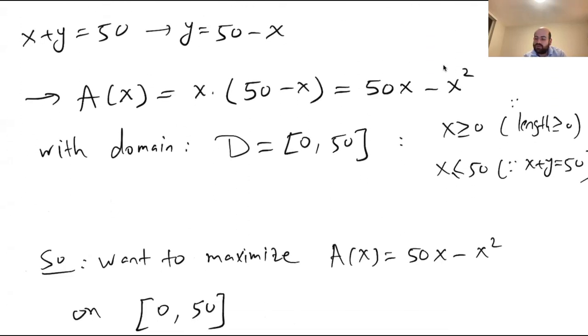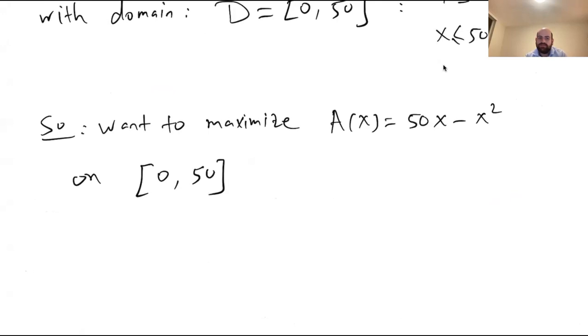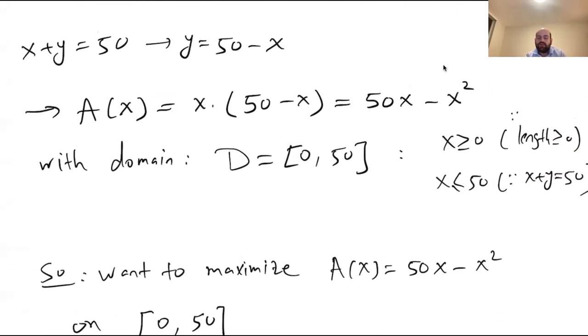That's what I wrote here: because X is the length of the rectangle, it is non-negative, X is bigger than or equal to 0, and because X plus Y is equal to 50, X must be less than or equal to 50. So if X is bigger than or equal to 0 and less than or equal to 50, that means the domain must be the closed interval 0 to 50.